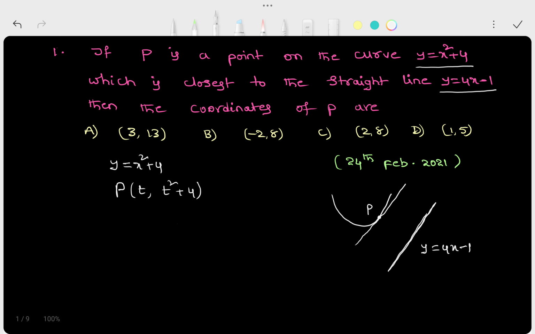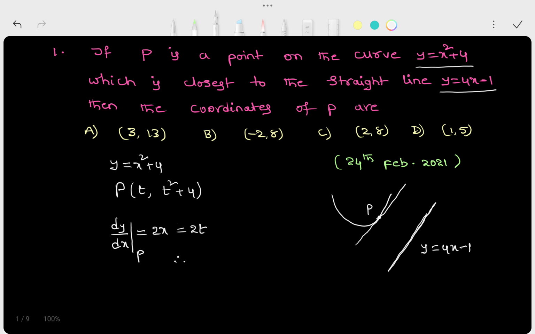When two lines are parallel, their slopes are equal. So what is the slope of the tangent at p? Differentiate: dy by dx equals 2x. Then dy by dx at the point p is 2t. Now this slope will be equal to the slope of the given line.